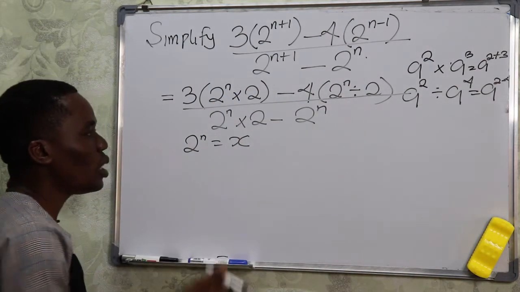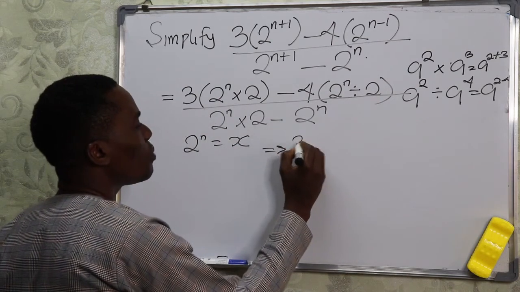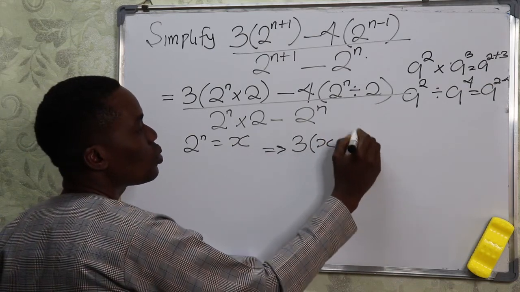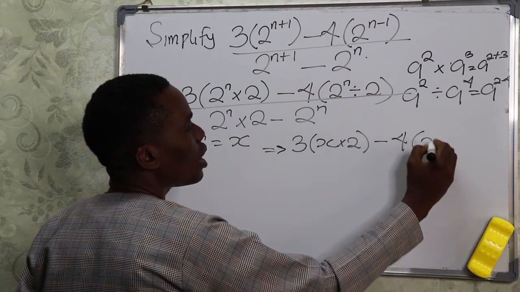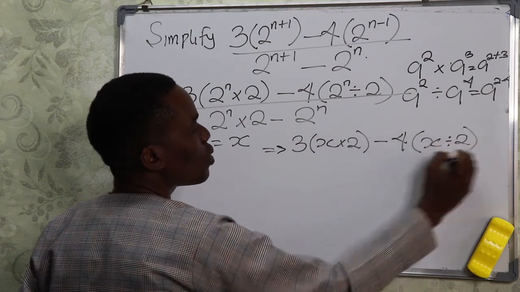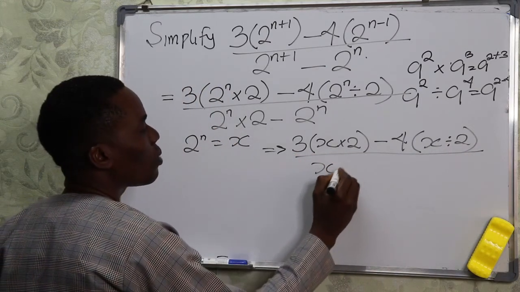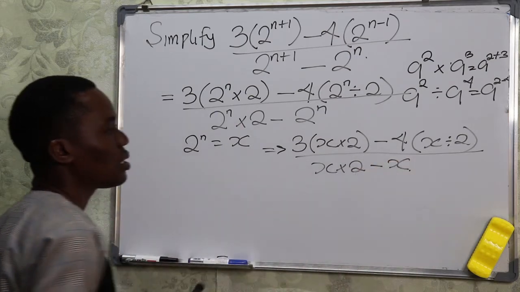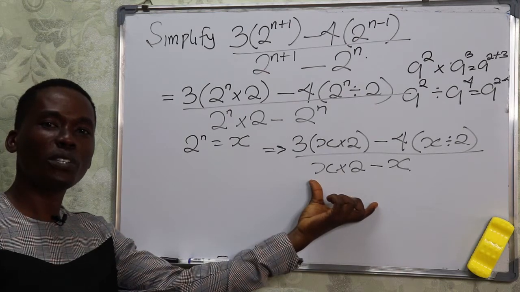Now if I do this, I'm going to get 3 into bracket x times 2 minus 4 into bracket x divided by 2, all divided by x multiplied by 2 minus x. You see, this has made the question simpler for you.